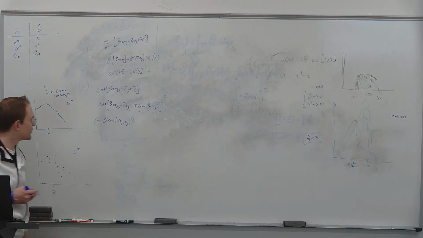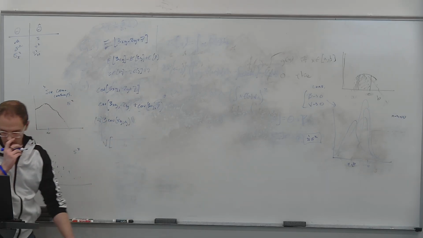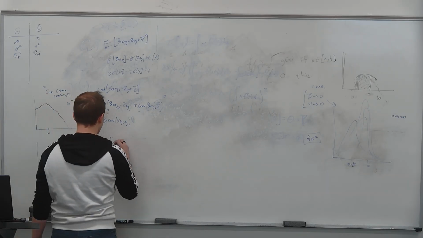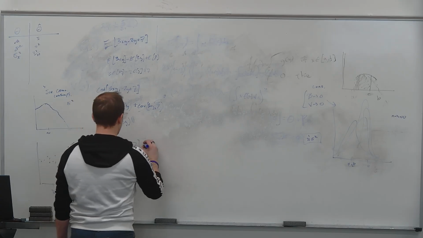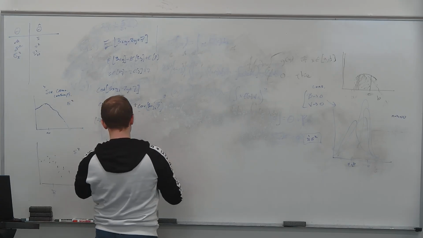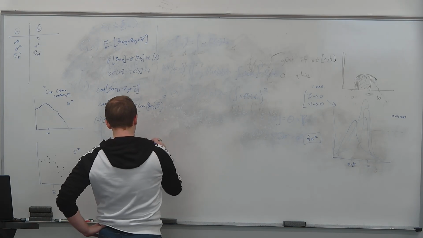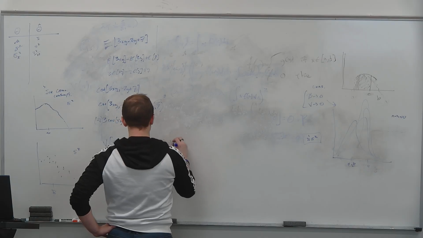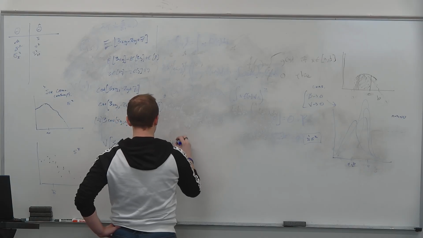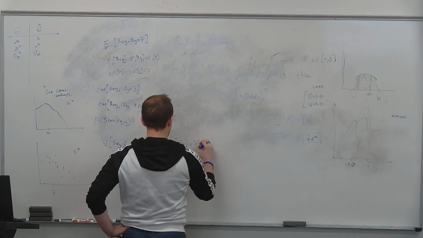Now we'll do the variance last. The variance of 3xy minus 2y plus 7 is going to be equal to, okay, this is where this comes into play. It's the variance of each of these things: the variance of 3xy, plus the variance of negative 2y, plus the variance of 7.